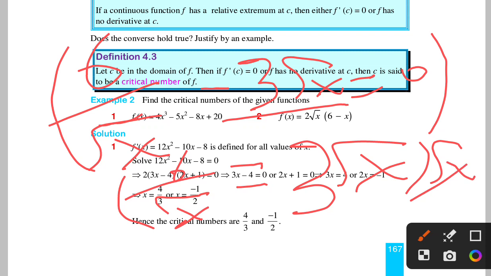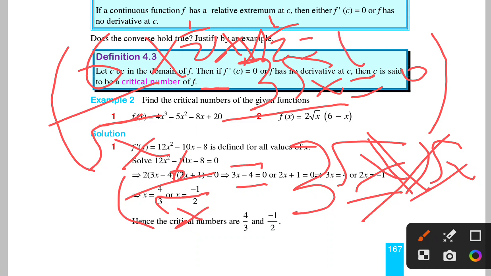When we multiply radical x by radical x, what do we get? Just x. Because x to the 1 over 2 times x to the 1 over 2: when the base is the same, we take one base and add the powers. The power is 1 over 2 plus 1 over 2.